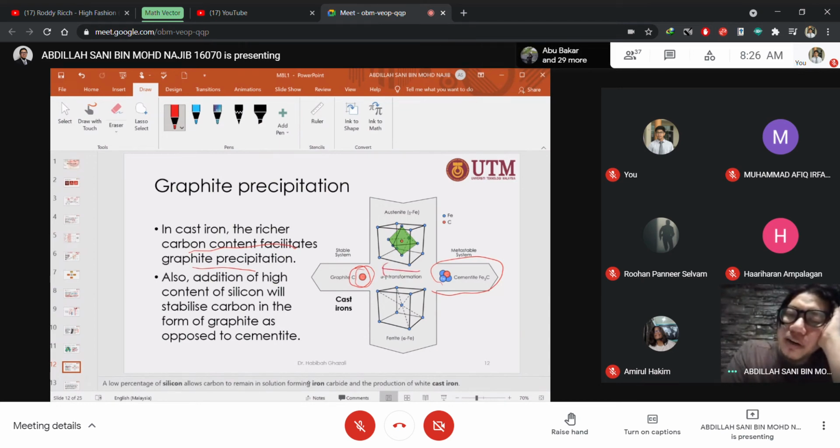Also, addition of a high content of silicon will stabilize carbon in the form of graphite as opposed to cementite. Silicon also acts as a stabilizer for the carbon, and it helps the formation of graphite.